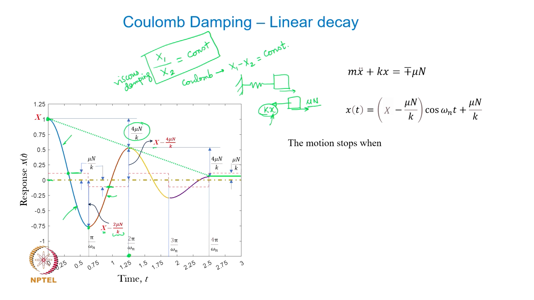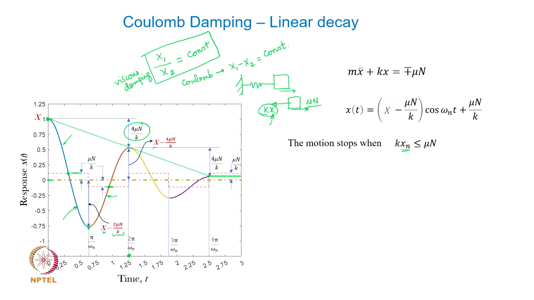So, the motion will suddenly stop when k x and mu n are almost equal, or what we can say is that the restoring force will fall short of the friction force. The friction force is a constant value, and the restoring force will diminish as the amplitude keeps reducing cycle by cycle.